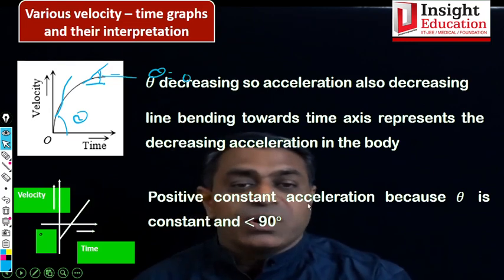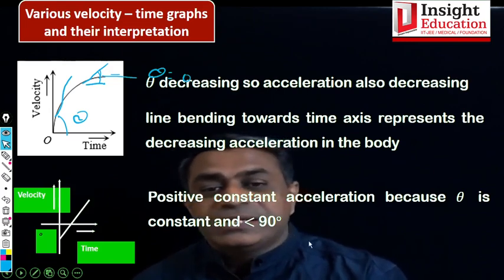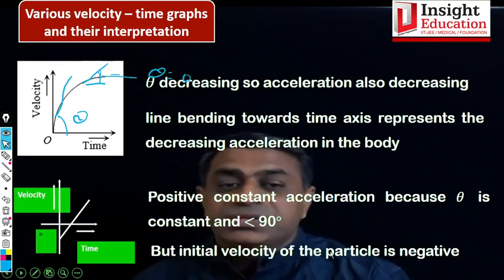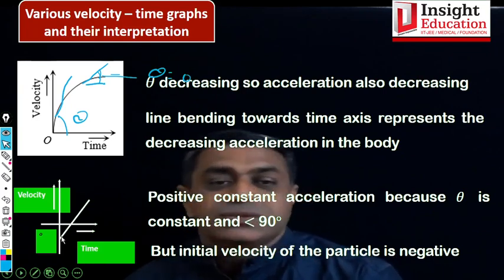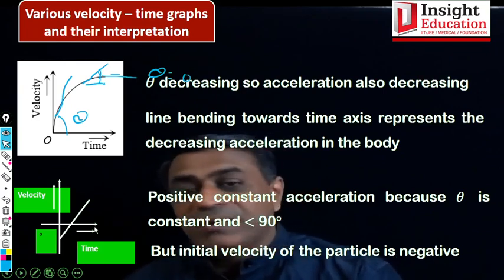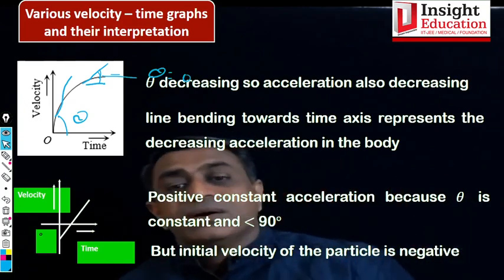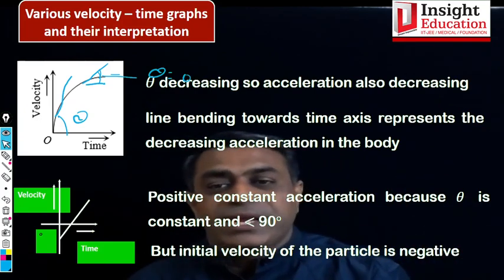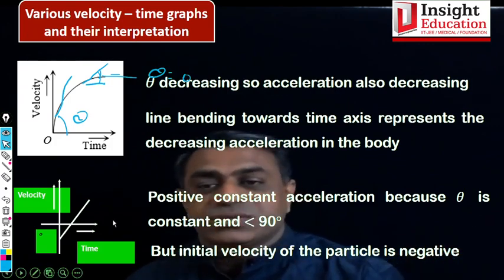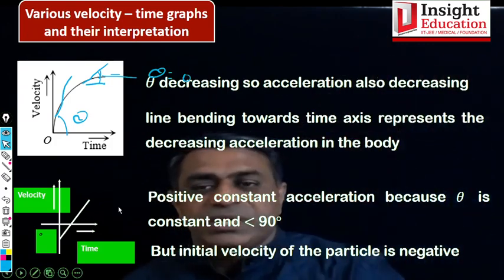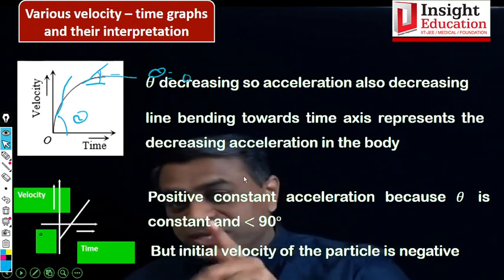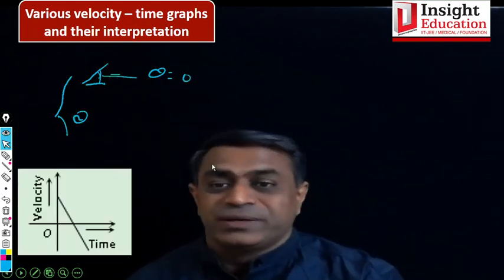So positive constant acceleration, theta is less than 90, but the initial velocity of the particle is negative. Initial velocity negative means the object is moving in the negative x direction, and then it will move in the positive x direction. So this interpretation is important.